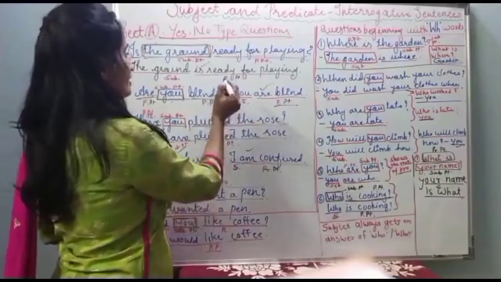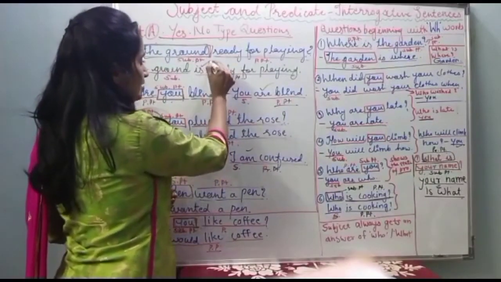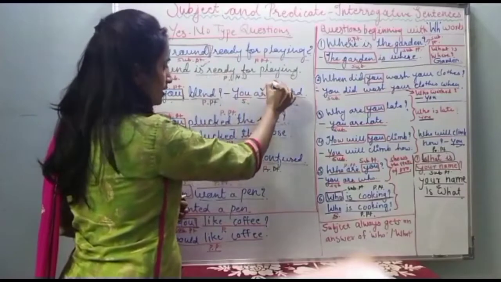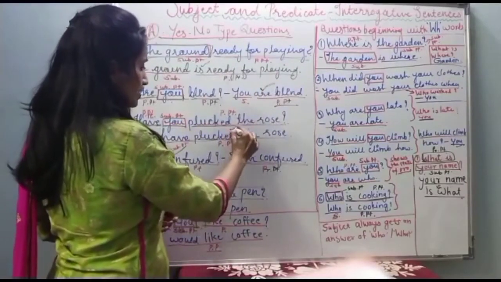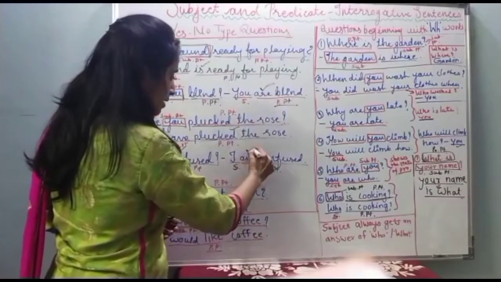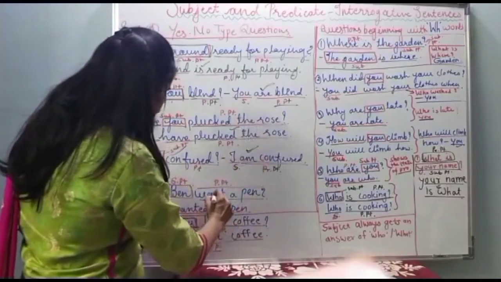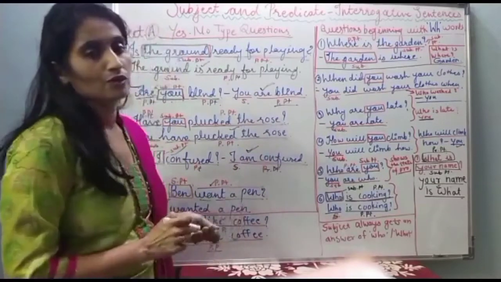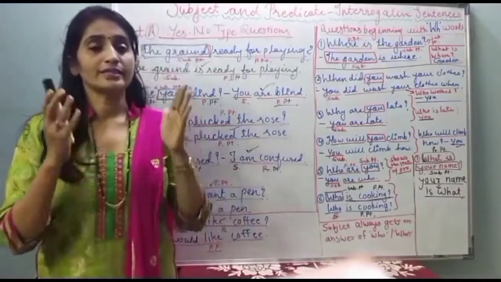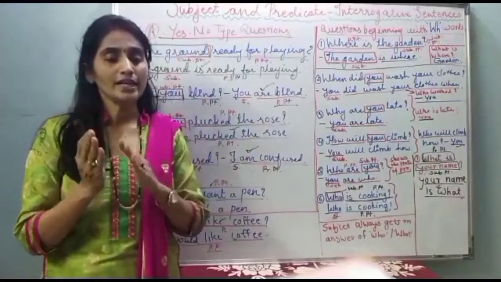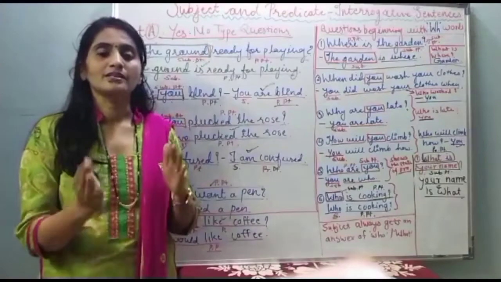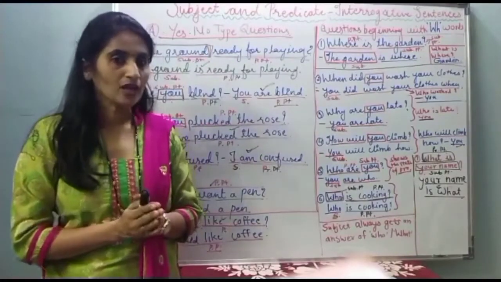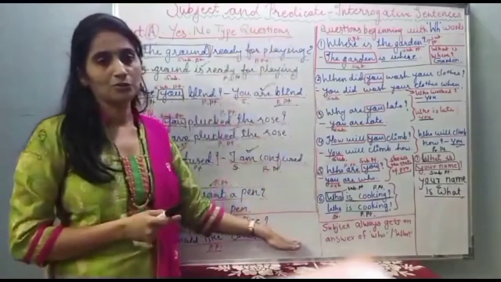In the first sentence, is is the verb, here are is the verb, here plucked is the verb, here am is the verb, here want is the verb and here like is the verb. So you can understand that in each predicate part there is a verb. Okay, I hope that this is clear to you.